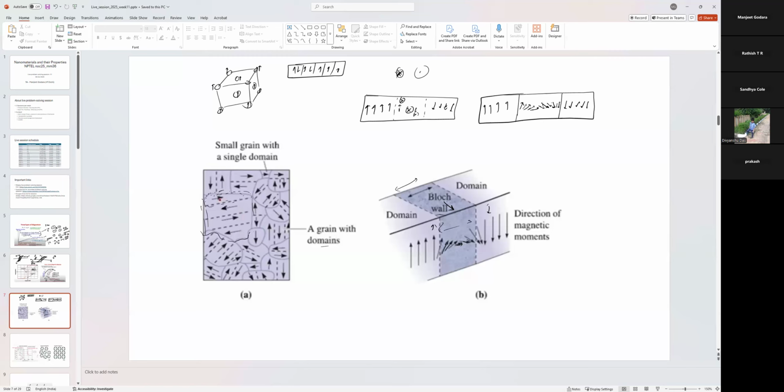So when it's out of the plane, this is called a Bloch wall, and this is a Néel wall.